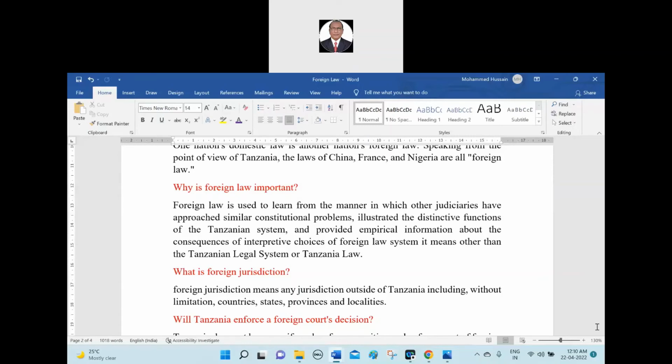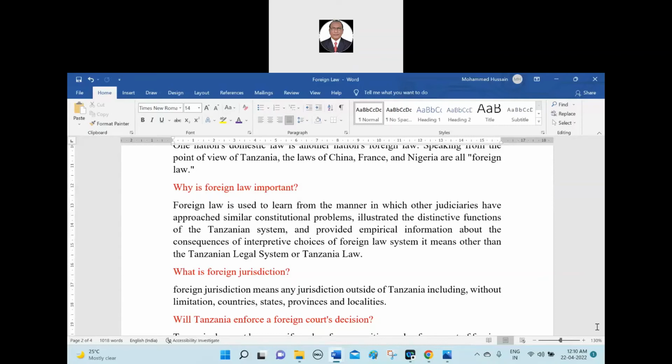At that instance, lex fori will be replaced and lex loci will be applied. So I am using the connecting factor. Lex fori will be replaced, that means the law of the land where the case is filed. For instance, if the case is filed in Tanzania, the Tanzanian law will be replaced by lex loci, meaning the location of the other country.